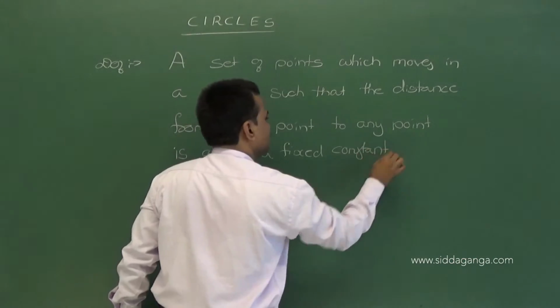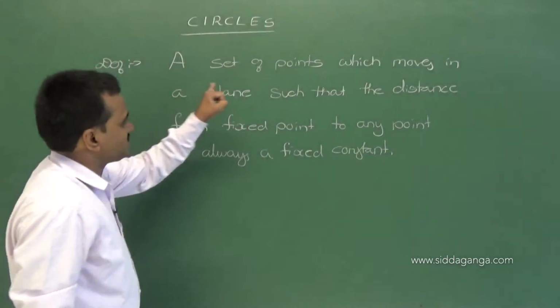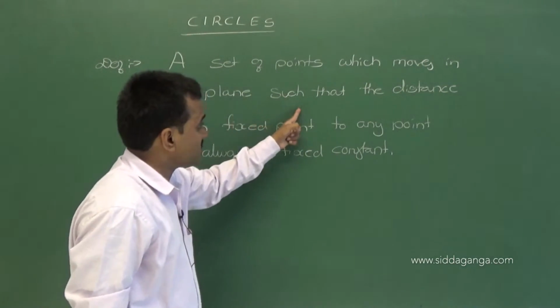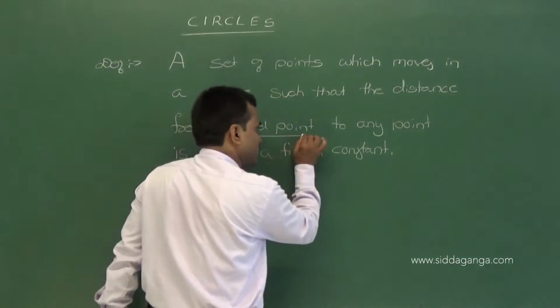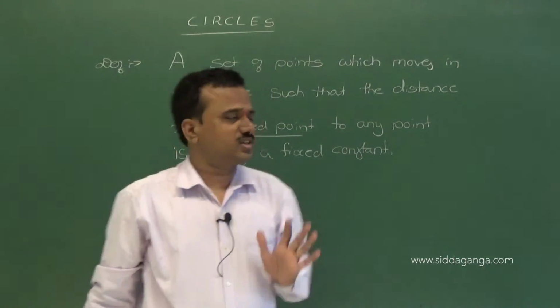This is the definition of the circle. Circle means a set of points which moves in a plane such that the distance from a fixed point to any point is always a fixed constant.